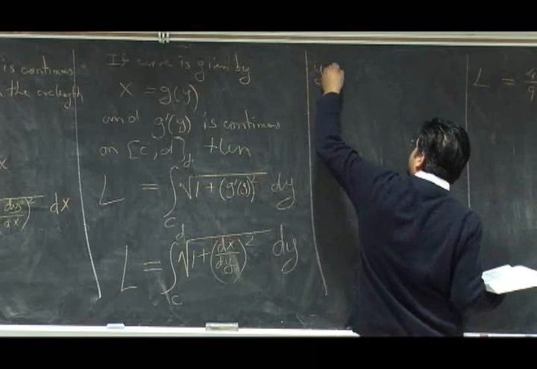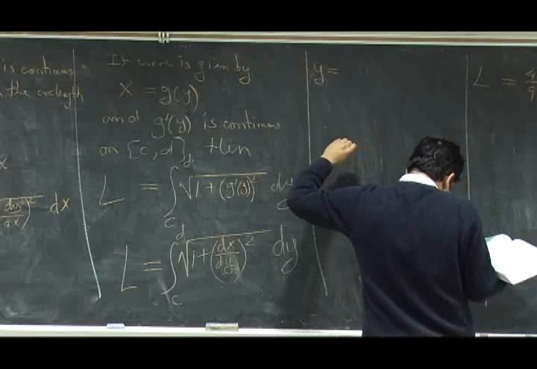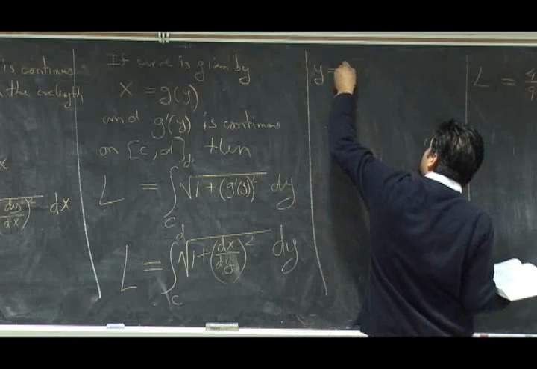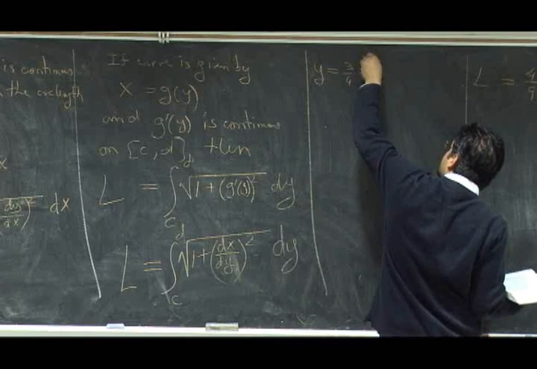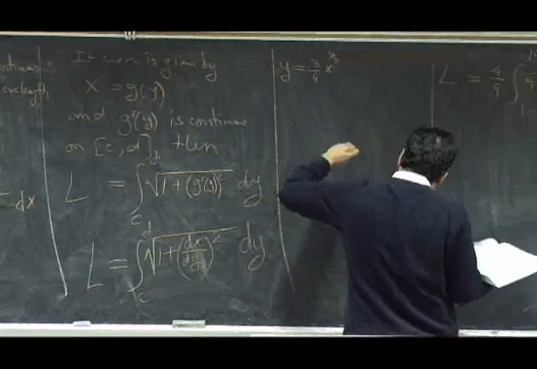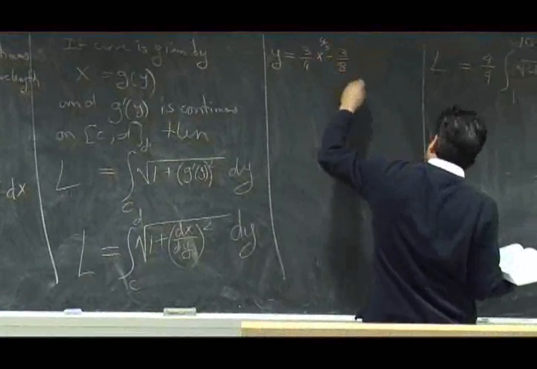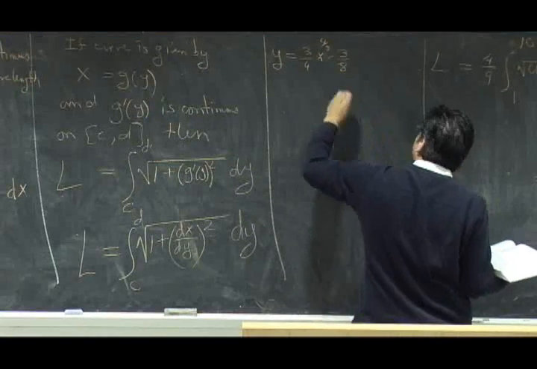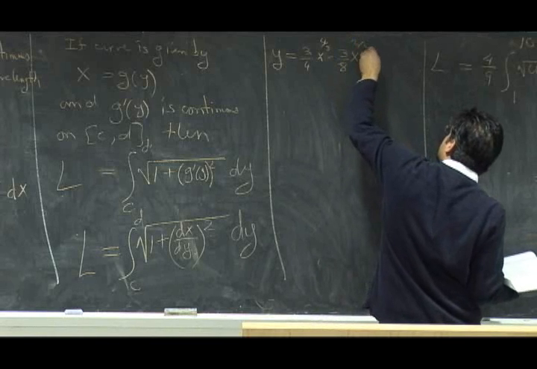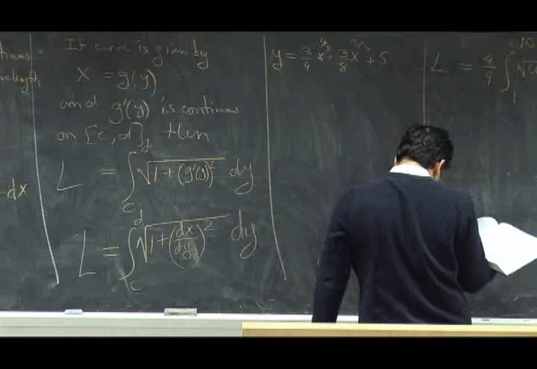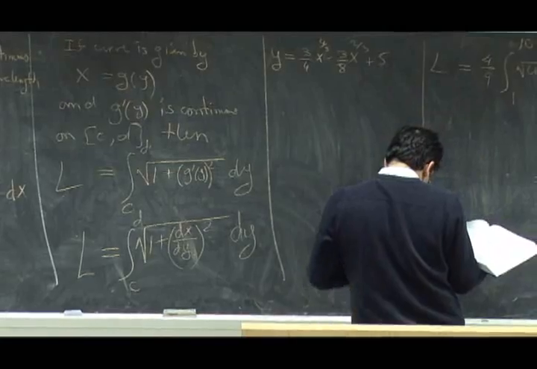Here's the curve: y equals 3/4 x to the 4/3 minus 3/8 x to the 2/3 plus 5.